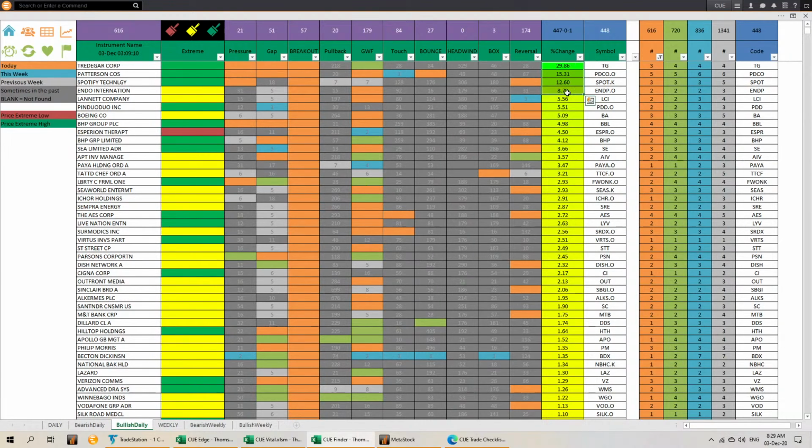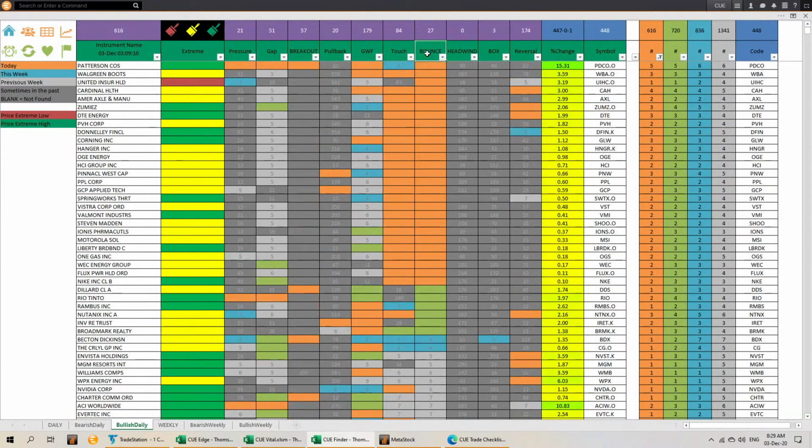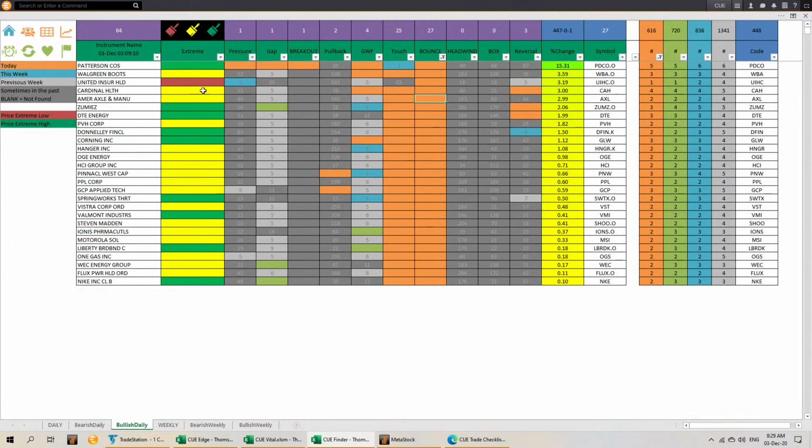If on the other hand you were, for example, focused on, let's sort by bounce column, flag it, and if we are going to look for stocks, for example, bounce stocks with pullback, then I may click this cell here, and then control click the next cell, because both of them have pullback as well as bounce.